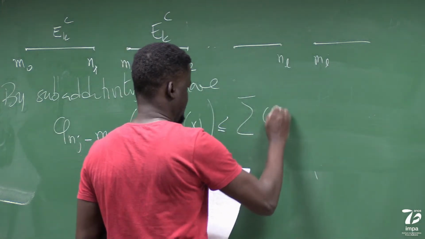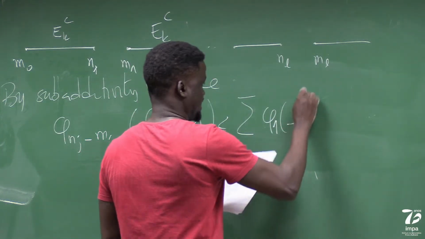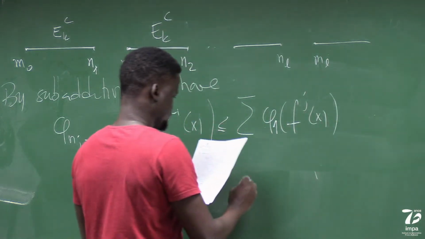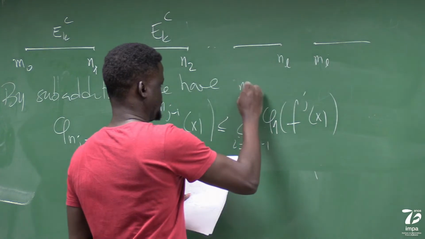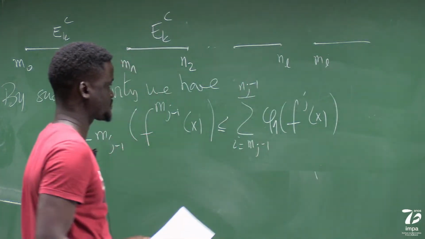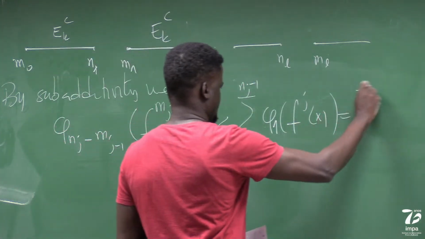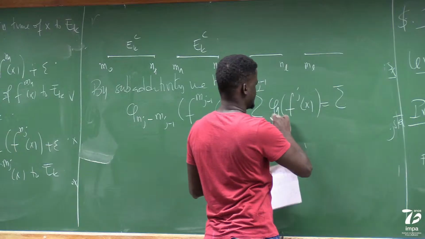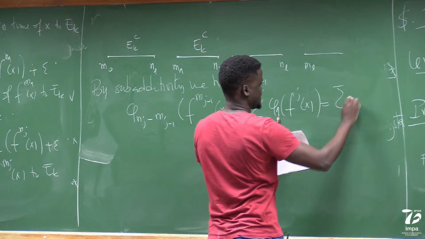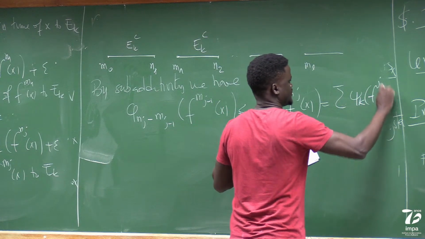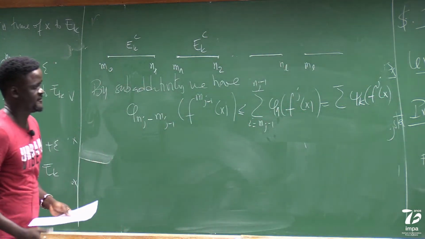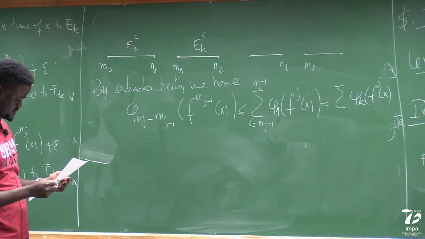Sub-additivity is used here, the sum of phi_1 at F^i x, for i equals mj minus 1 to nj minus 1. And by definition, because I'm outside for these iterates, this is phi_k at F^i x, by definition of this phi_k function.